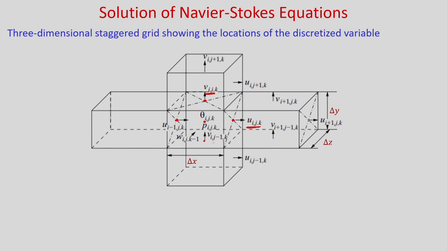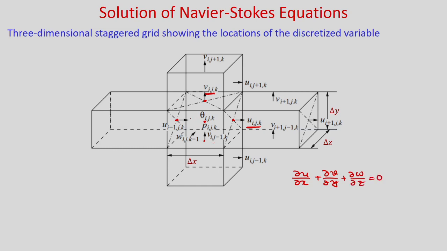You can see now in this main cell we will satisfy the continuity equation, and the velocity differences will be just del u by del x in the x direction. Your continuity equation is del u by del x plus del v by del y plus del w by del z is equal to 0.